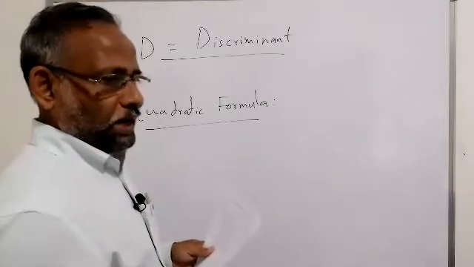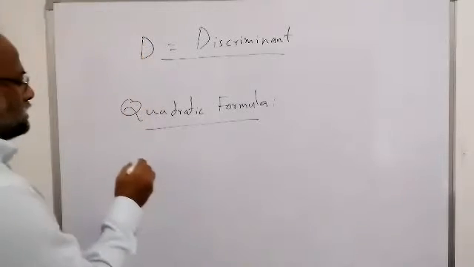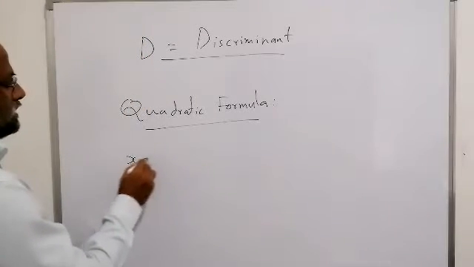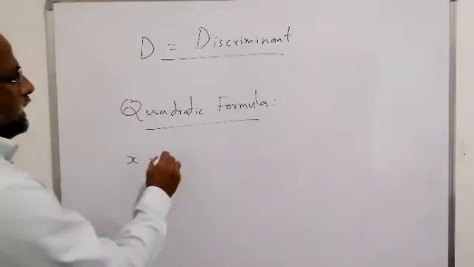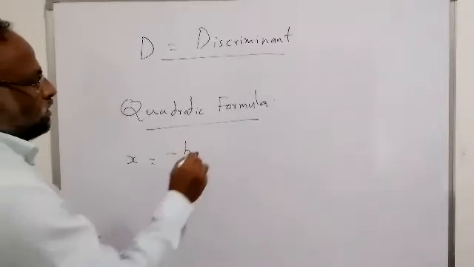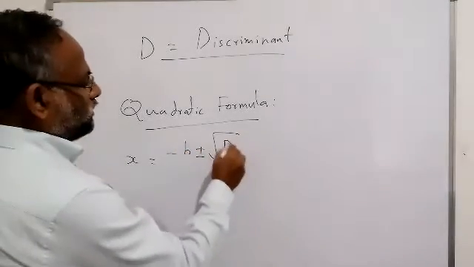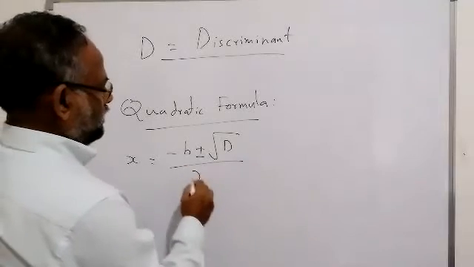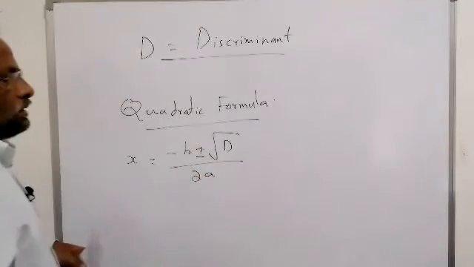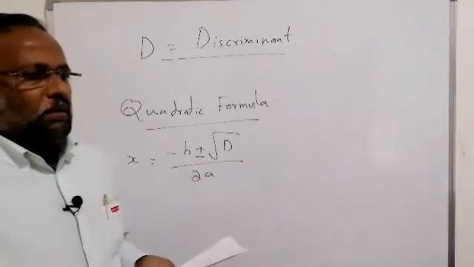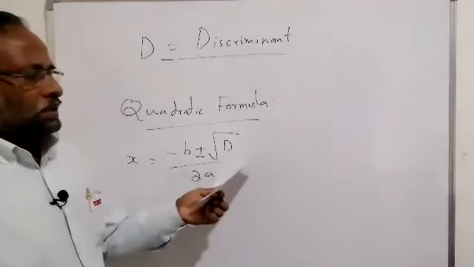Discriminant of a quadratic formula. This is for your x equals minus b plus or minus root of D by 2a. This is the quadratic formula, but you don't know what D is.